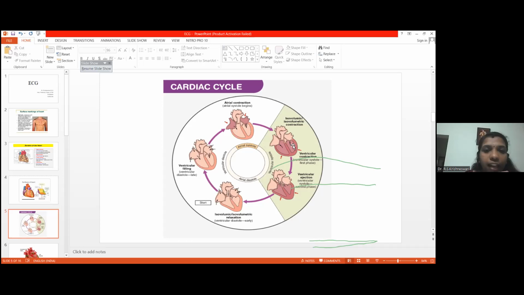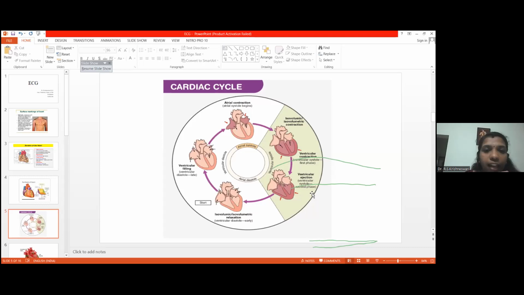So the ventricles are now full of blood, and there is increased pressure inside the ventricles. This stage is known as isovolumetric contraction, and it is followed by ventricular ejection.